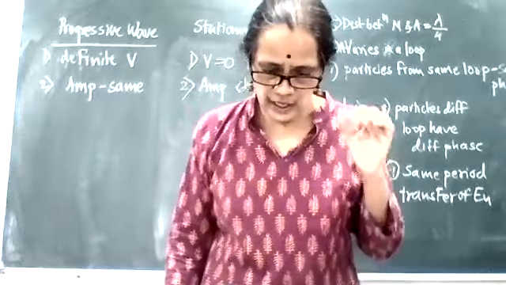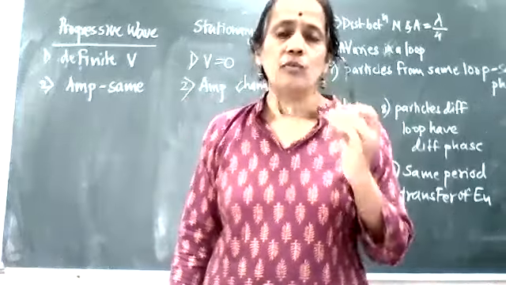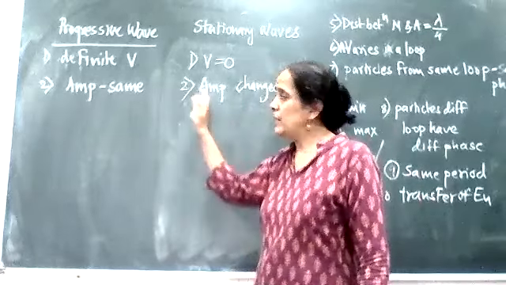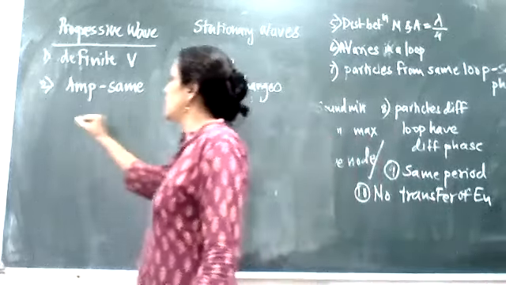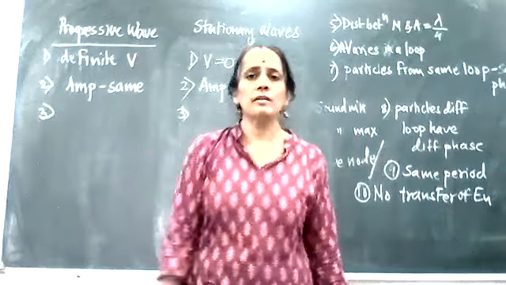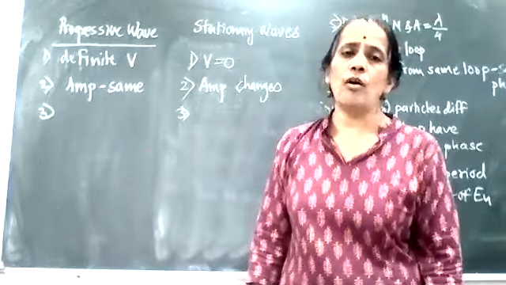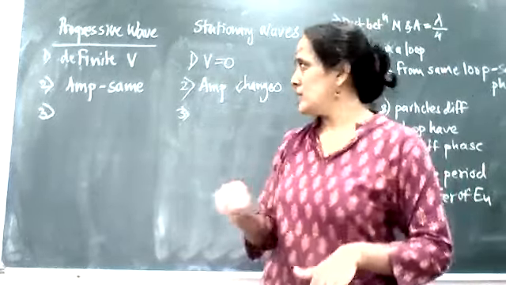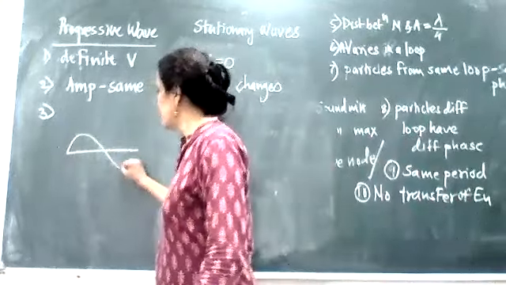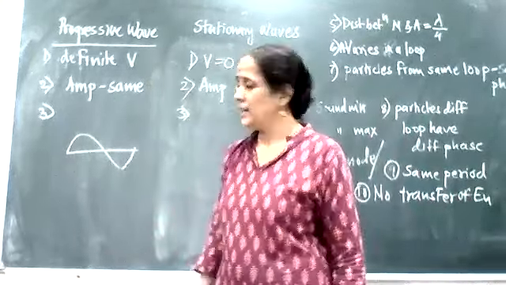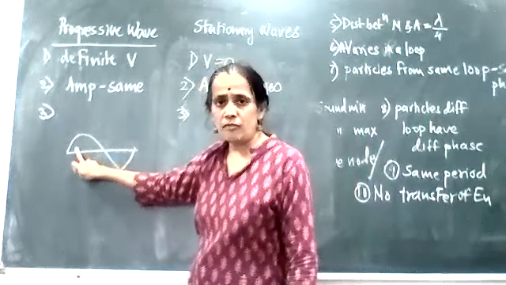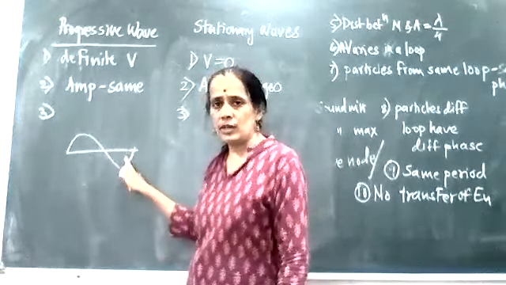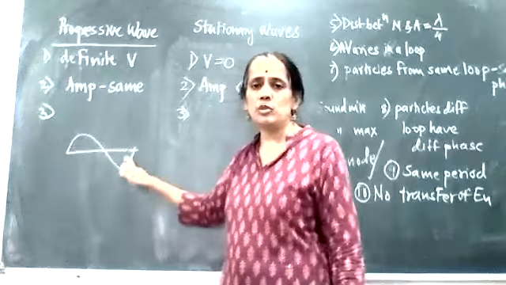Then in a stationary wave all the particles will cross the mean position, right? But in a progressive wave the particles vibrate about the mean position. It is not necessary that all particles cross the mean position. In a progressive wave we know the pattern: the particle in the first crest moves to the upper side, and in the trough to the lower side, so they are not crossing the mean position.